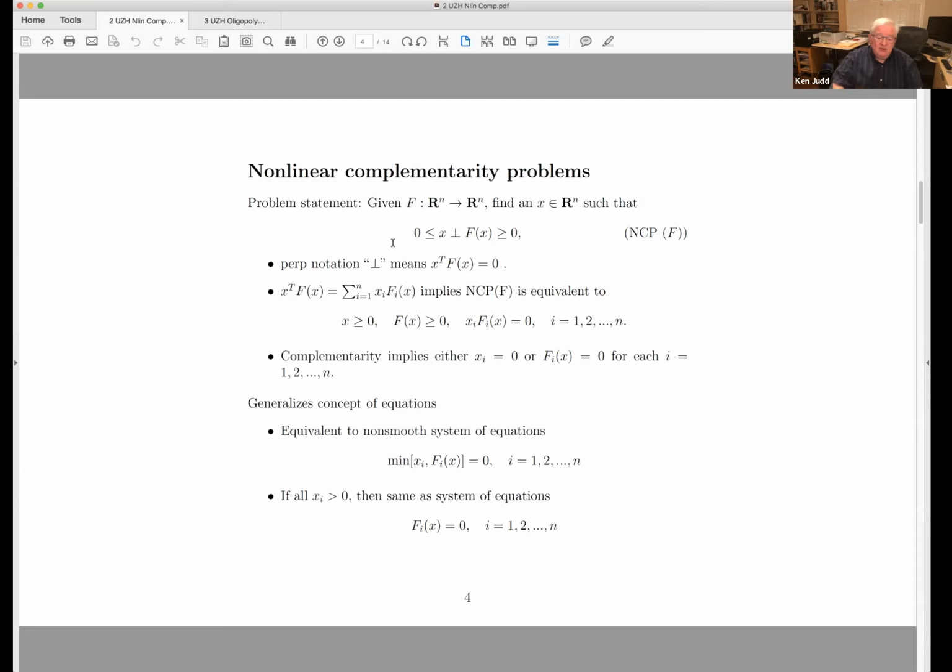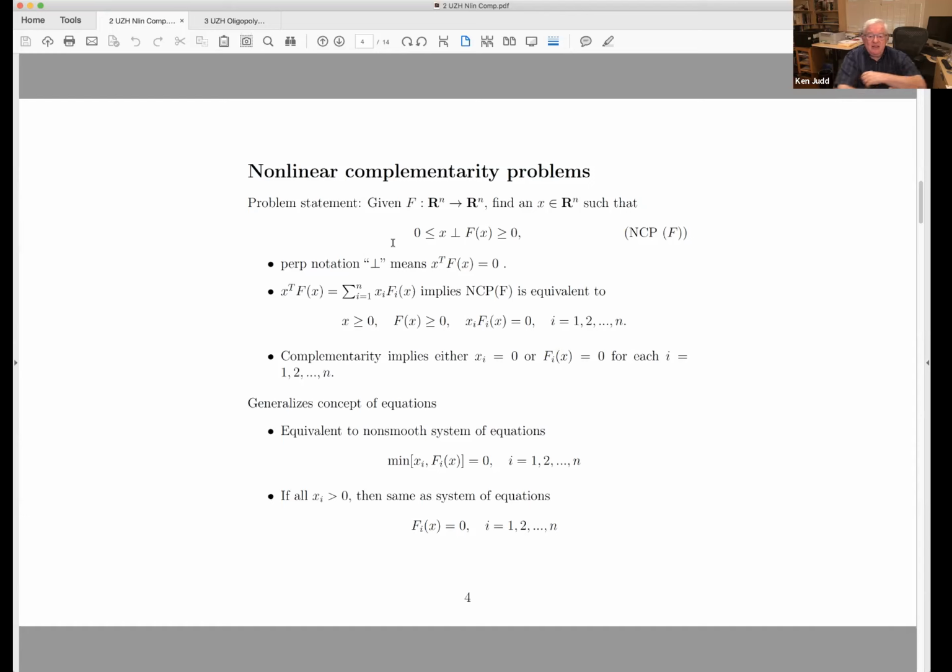So now, in order to understand problems where the solution might actually be zero supply or zero demand, we have to use tools that come from the part of computational math called nonlinear complementarity problems.